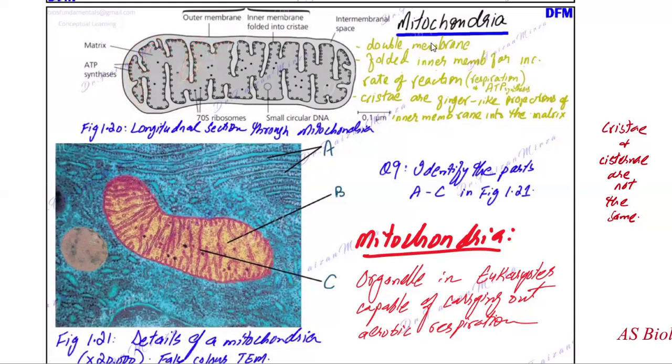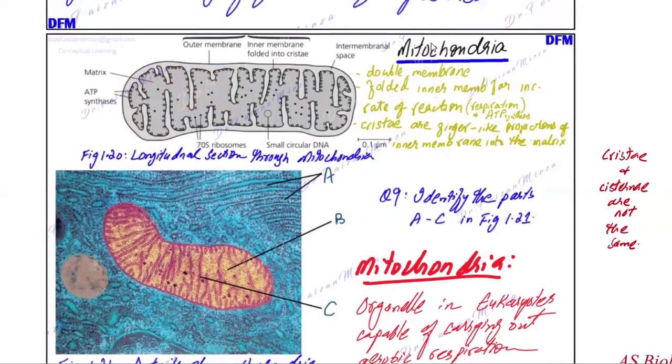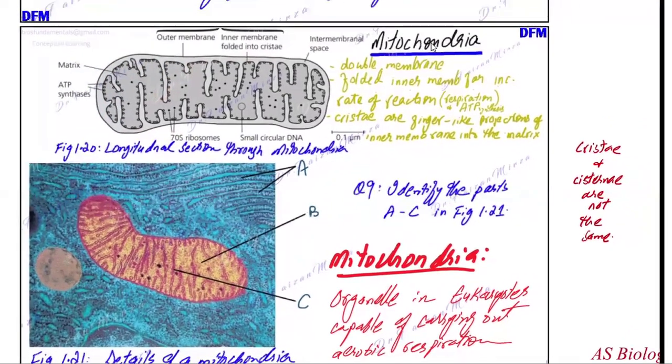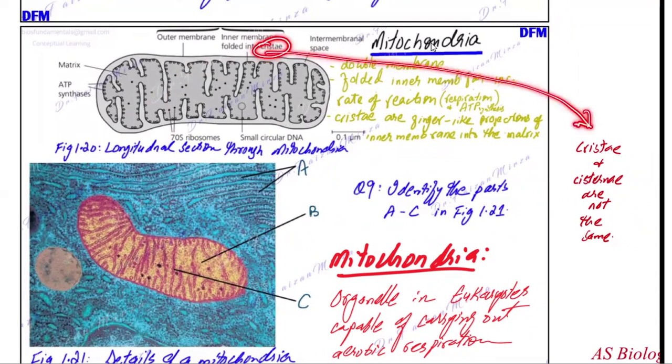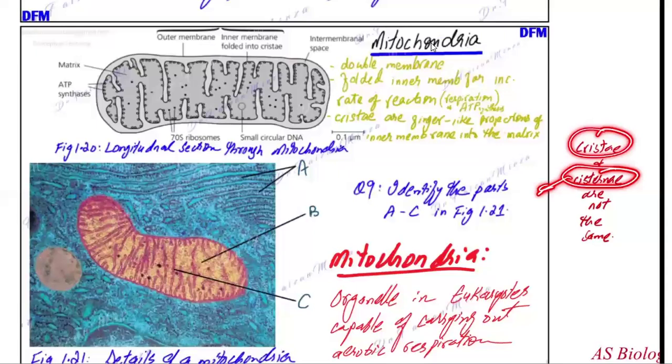Keep in mind that cristae are not cisternae. Some students have difficulty recalling that cristae and cisternae are different structures. Cristae are present in mitochondria, whereas cisternae are present in rough ER, smooth ER, and Golgi.